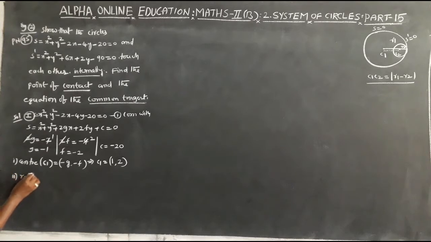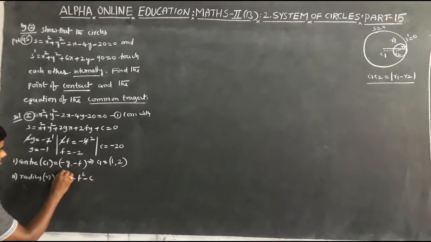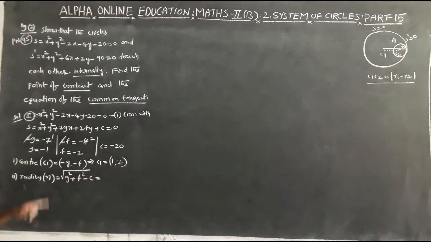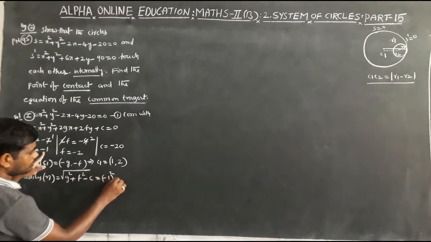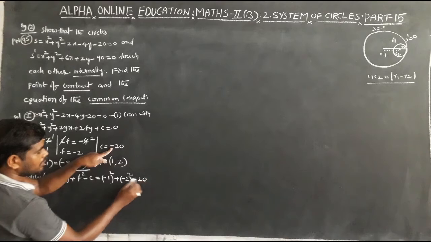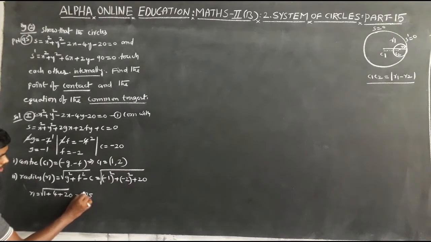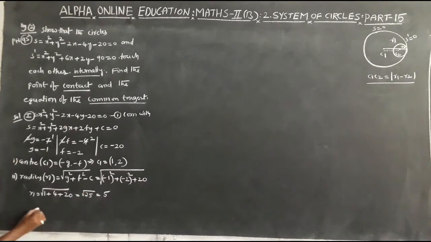Second, the radius of the first circle. R1 = √(g² + f² − c) = √((−1)² + (−2)² + 20) = √(1 + 4 + 20) = √25 = 5.